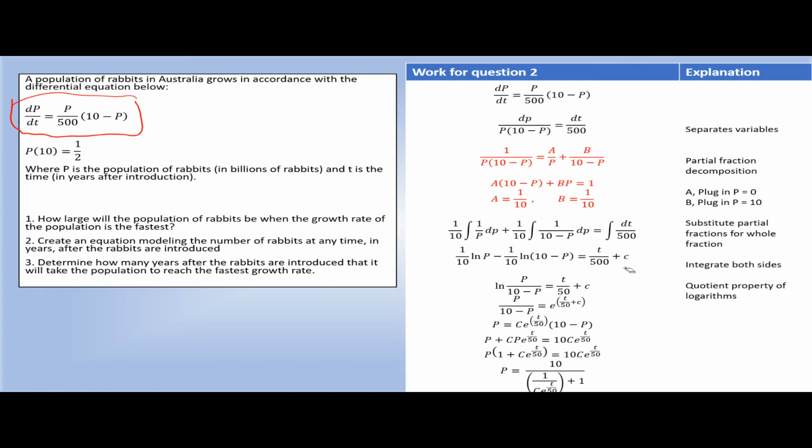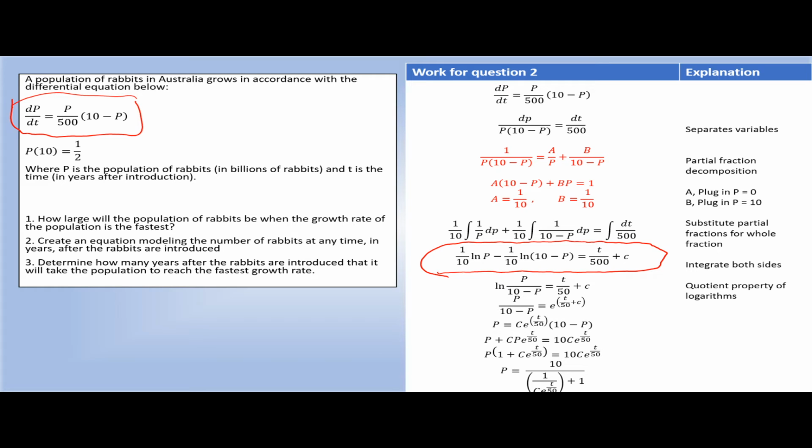Any questions up until this step? Where did the 1 come from, like when we do partial fraction decomposition? Sorry, you broke up. So where did what come from when we did partial fraction decomposition?